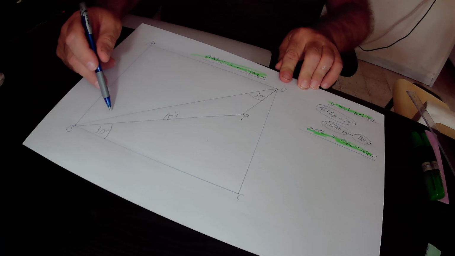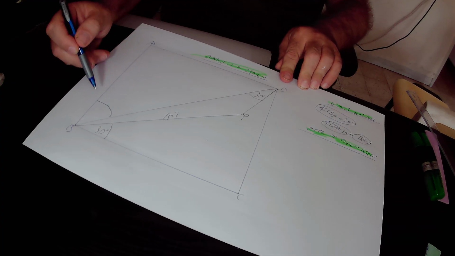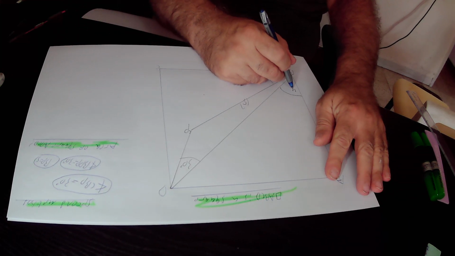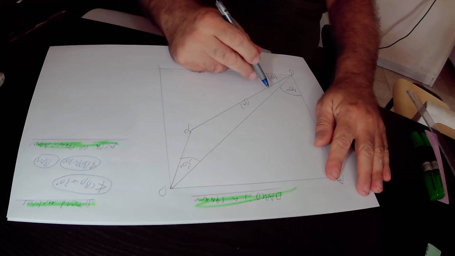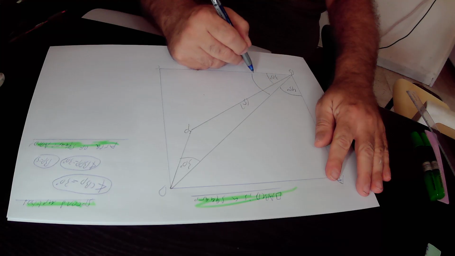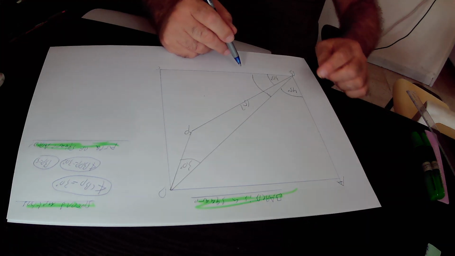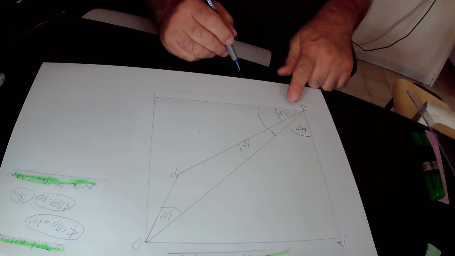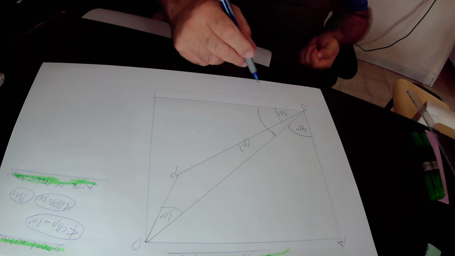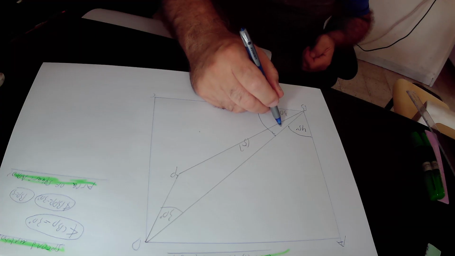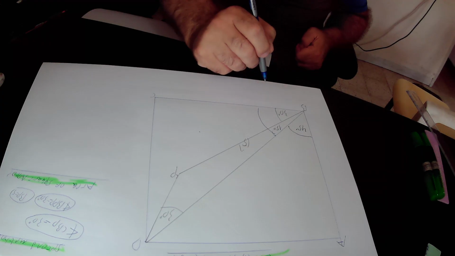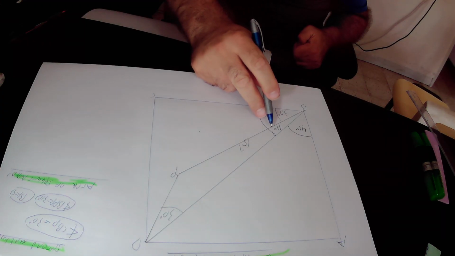This is the first half, which is 45 degrees. This is the second half, which is also 45 degrees. But this angle equals 30 degrees, therefore this missing angle must be equal to 15 degrees. 15 plus 30 is 45 degrees, that is the size of the second half.